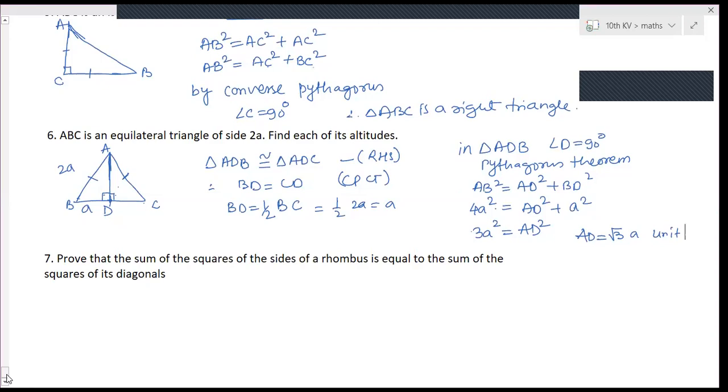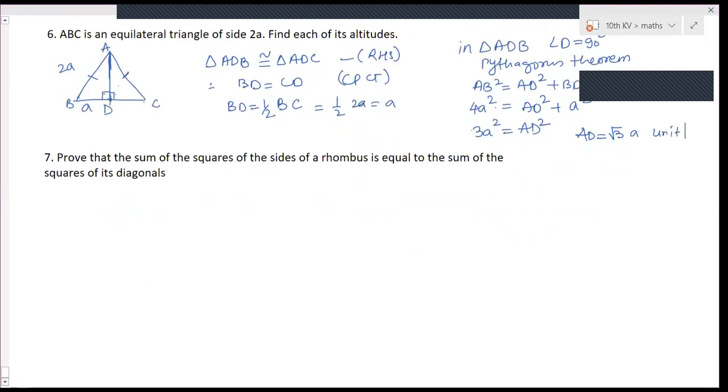Next one, 7. Prove that the sum of the squares of the sides of a rhombus is equal to the sum of the squares of its diagonals. It's a rhombus. All sides are equal.